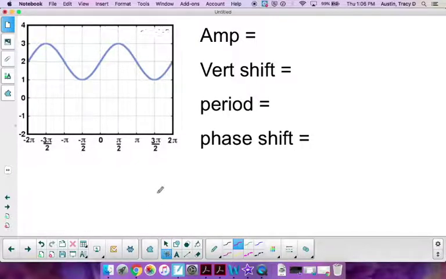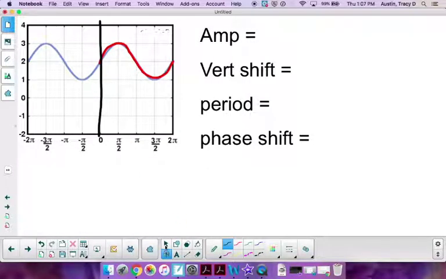A couple of choices on how you want to do this. Again, if you want to pick this one, that means there'll be no phase shift, right? And if you want to start over here, note please it's starting at negative 2 pi, right? This is the 0 boundary here. If it starts at negative 2 pi, you're going to have to do a phase shift on it.